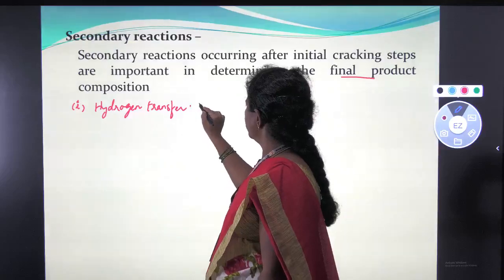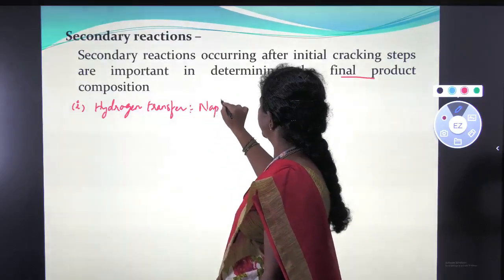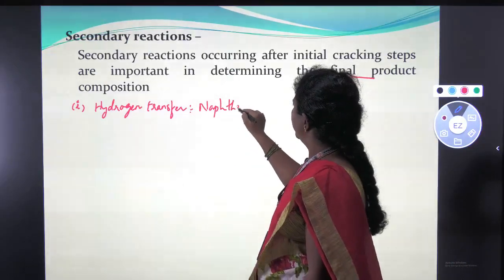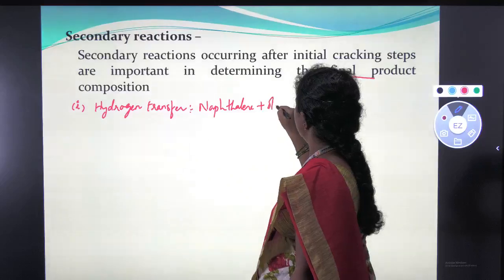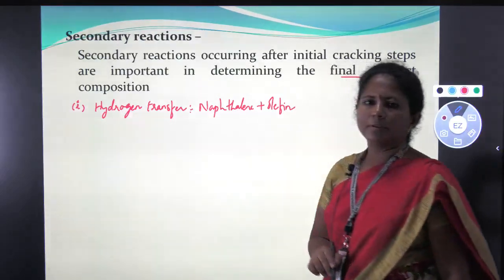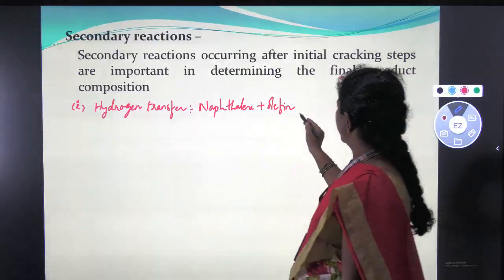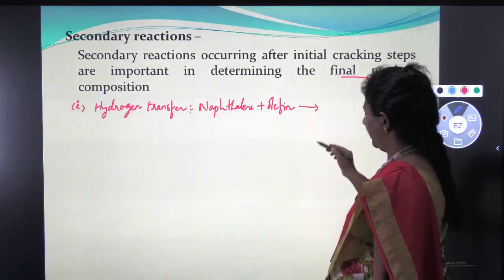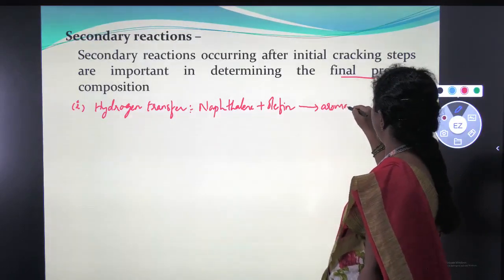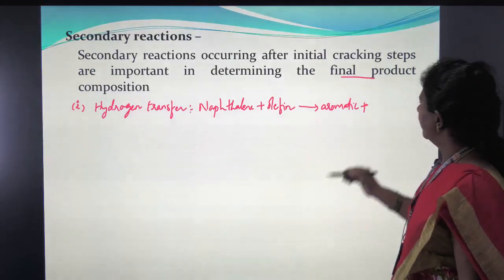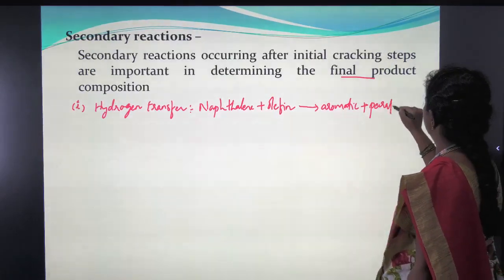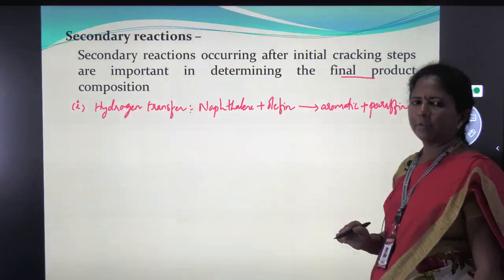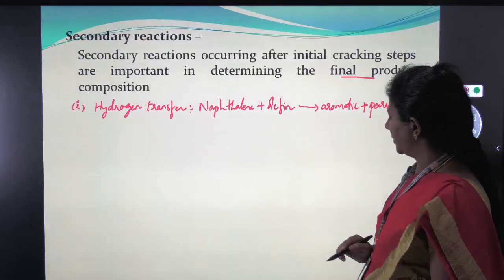In the primary reaction, if we take alkyl naphthalene, what are the products formed? Naphthalene plus olefin. So these primary products will now undergo the secondary reactions, forming aromatic compound plus paraffin. So these are the final products formed. This formation of aromatic and paraffin compounds is taking place due to hydrogen transfer.